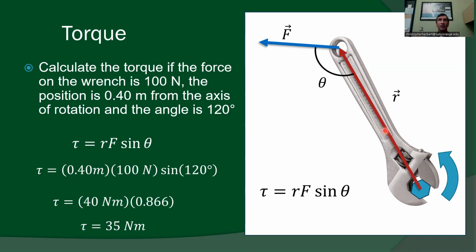I want enough torque to tighten the spark plug such that no gases will escape from the cylinder of an internal combustion engine, but I don't want to over-tighten it so much that I'm going to damage the threads or the copper seal. So in that particular case, I would use a torque wrench to get the exact amount of torque that I want, and it would either have a mechanical indicator or a digital indicator. Some of these even beep to tell you when you have the exact correct torque. And they're very important for dealing with sensitive equipment.